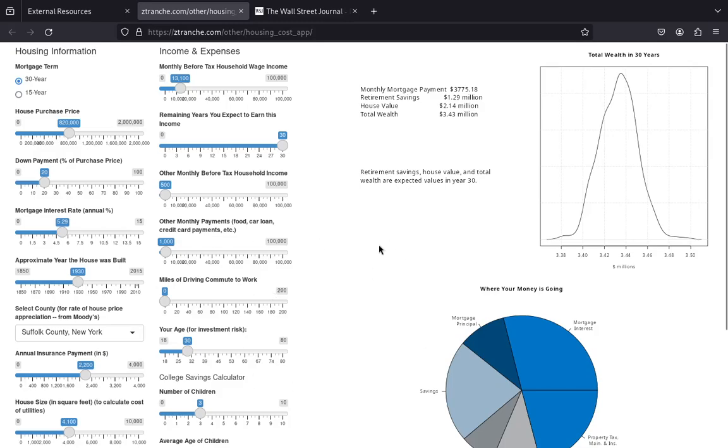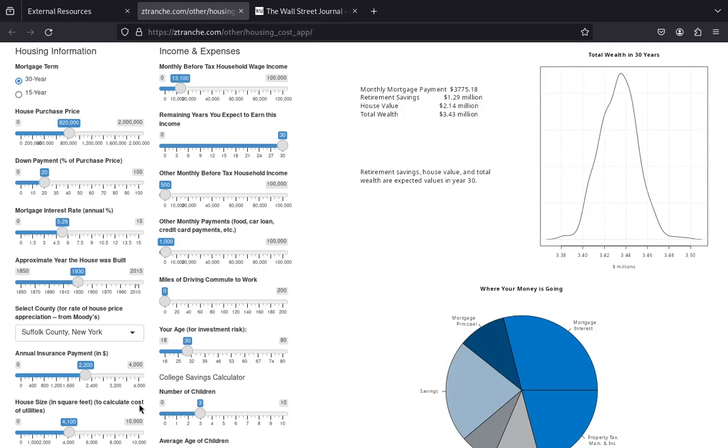But what this does is it basically goes through the house decision, all these factors, the choices you have to make when buying a house. Meaning, what year the house was built, house size, and so forth.